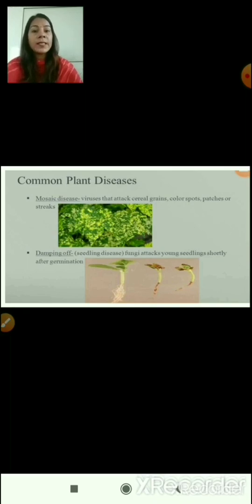Now the second disease is damping off. It is a seedling disease. It does not arise in the adult plant, but when it is in the growing stage or in the seedling stage, that time this disease occurs. And in this disease, fungi attack young seedlings shortly after the germination process.